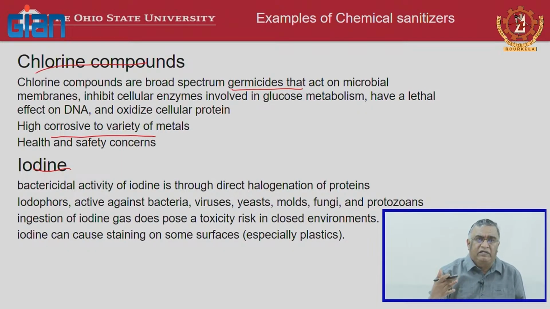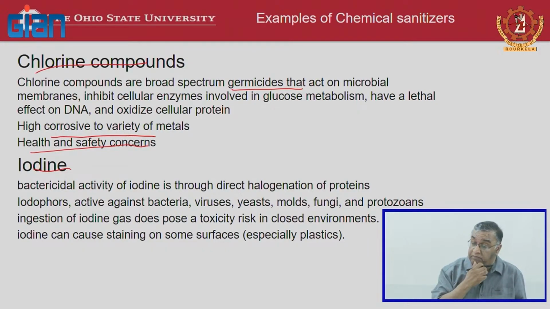You are trying to clean your food processing plant surfaces, and if chlorine is going to pit or corrode your surface, your equipment life is going to decrease, and your equipment is very expensive, so that means you have to replace it. So, it becomes a concern. Another concern is the potential health and safety issue, because if some of the chlorine residue gets into the food, that can be a concern too.